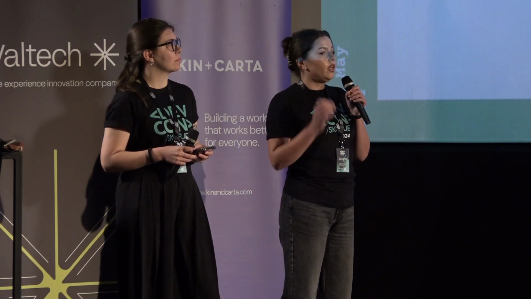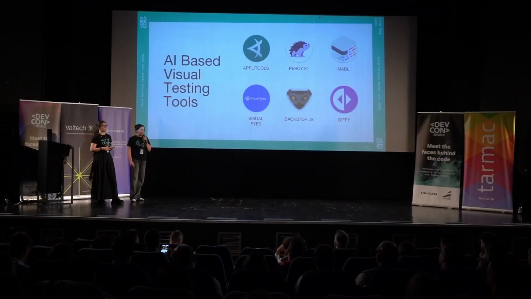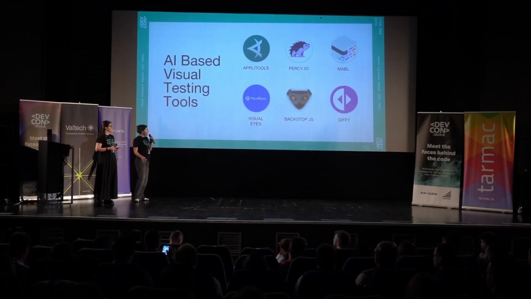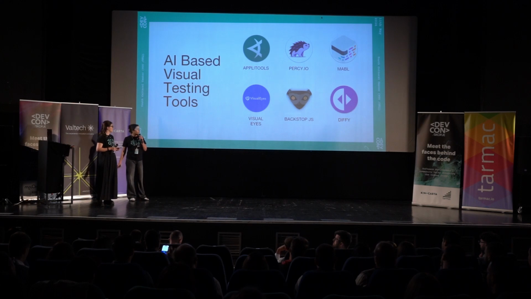And they incorporate advanced techniques such as machine learning algorithms or computer vision that help them achieve tasks. And in addition to visual regression testing or cross-browser testing, they offer other features such as advanced image recognition or dynamic content handling.